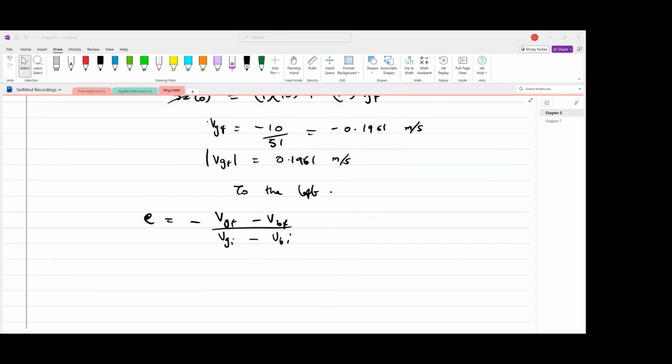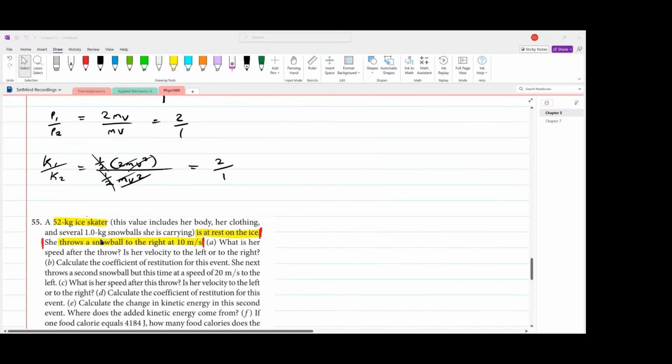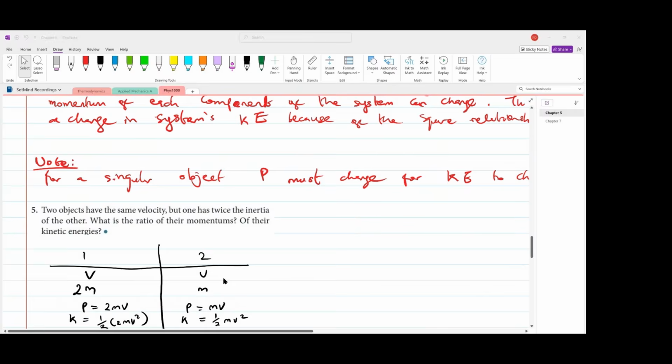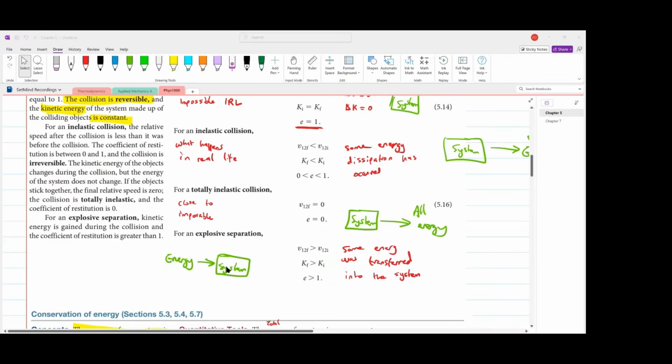Initially they are at rest, and then they have a collision, and then now they have velocities. Okay, so let's calculate it. Coefficient of restitution for this event.